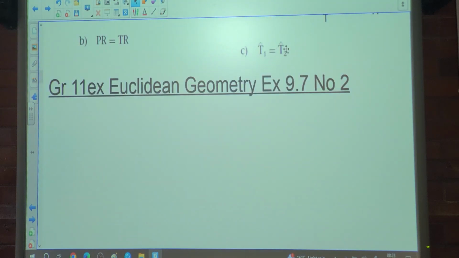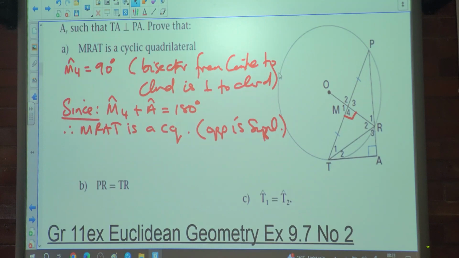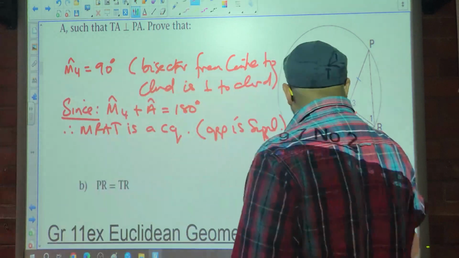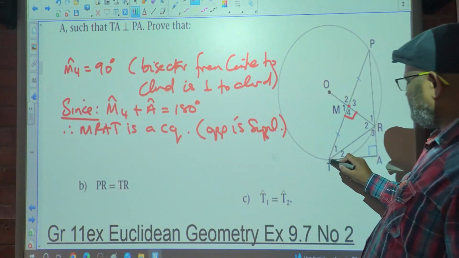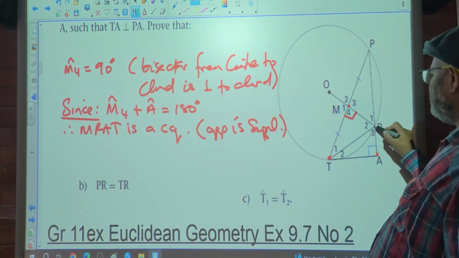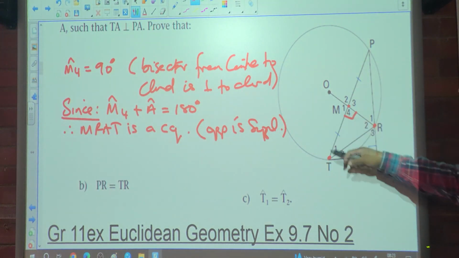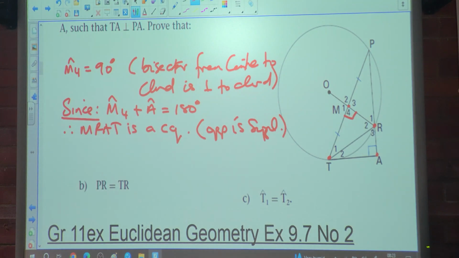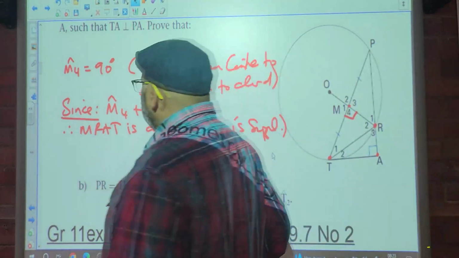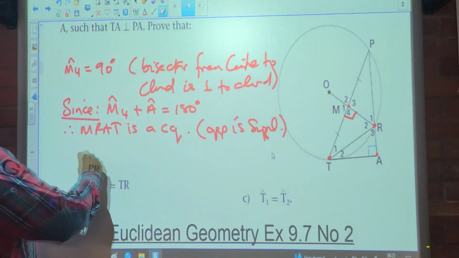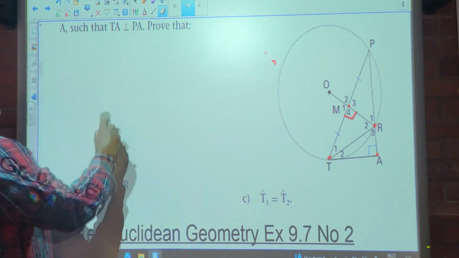No. That means all cyclic quadrilateral properties are now evident in that diagram. I can almost draw a circle through that now, but I'm not going to because I don't want to mess the diagram up too much.